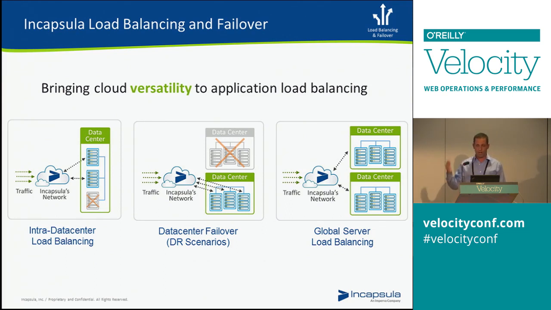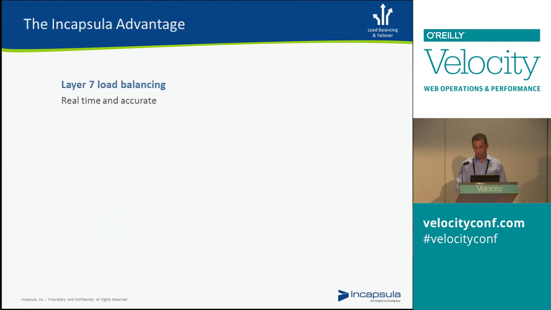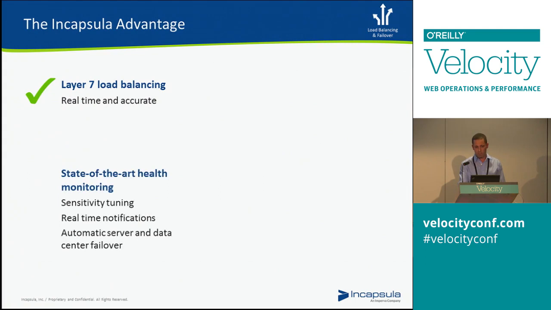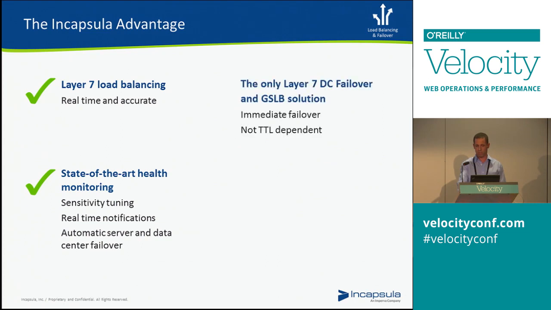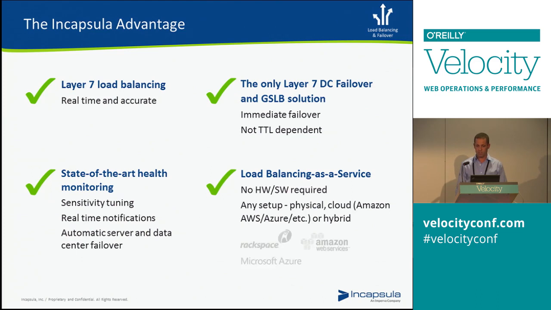So I guess DNS load balancing is a good solution, but I think that the future is layer 7 load balancing from the cloud. It has multiple advantages, like I told you about monitoring at layer 7, load balancing at layer 7, and maybe the most important thing is that load balancing as a service is not setup dependent.